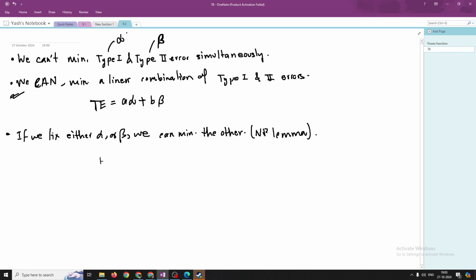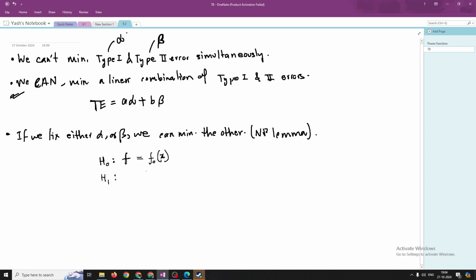Let's say this is your h naught and this is your alternative hypothesis, and under your h naught, your hypothesis states that some probability distribution f is equal to f naught of x.